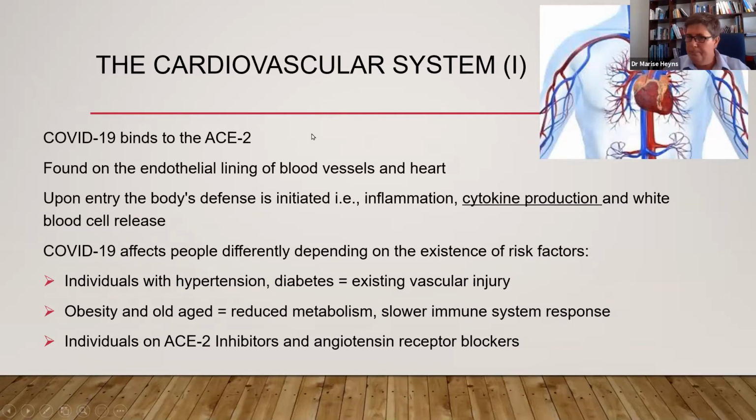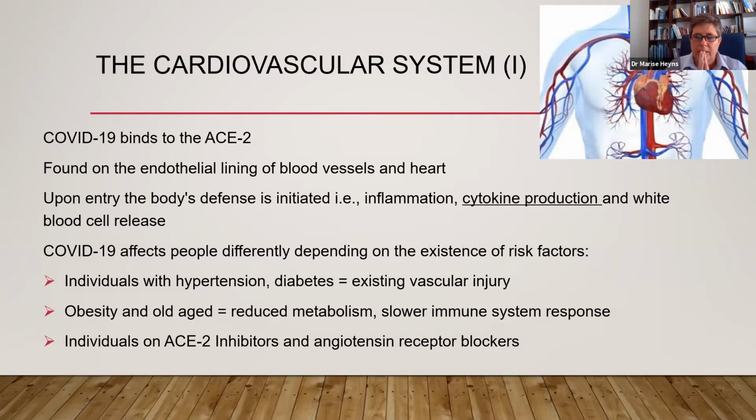In the same way, COVID binds to the receptors, and the receptors are on the endothelial lining of the heart and on the endothelial lining of the blood vessels. So the moment it enters that endothelial lining, your body's defense is initiated. You've got the immune system responding. So there's inflammation and cytokine production, and your white blood cells get released to go and fight this infection, this thing that you don't want in your body.